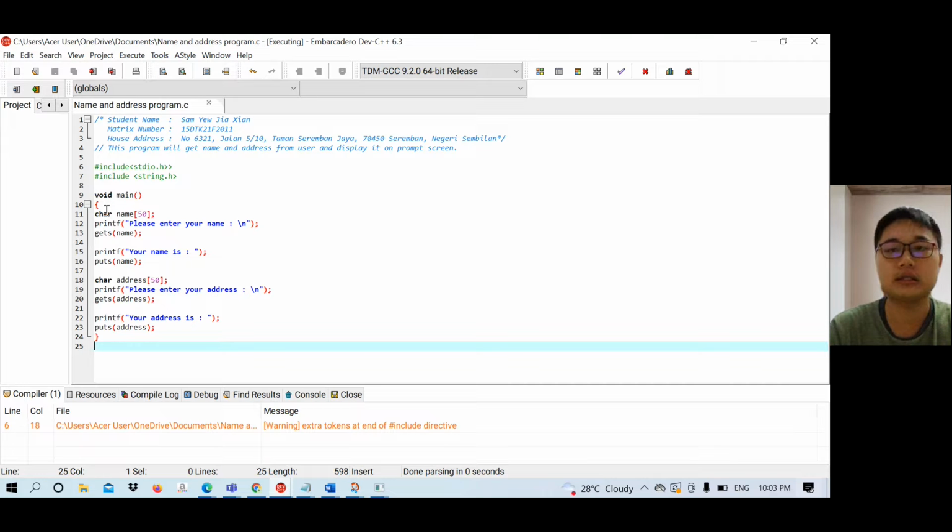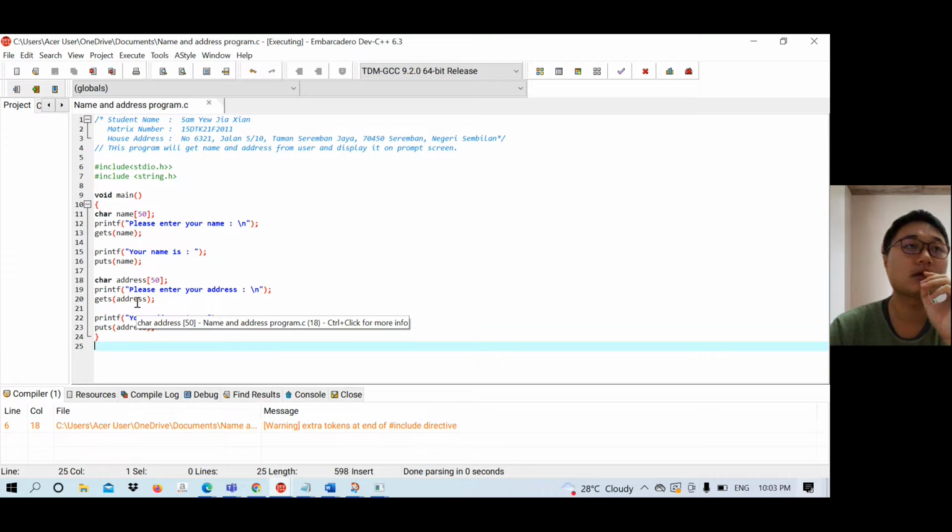Gets is to continue the program and puts is to end a specific unit of the program. I also put the character limit of 50 characters so that in each category I cannot type words that are more than 50 characters.